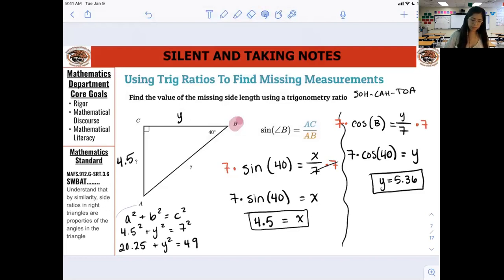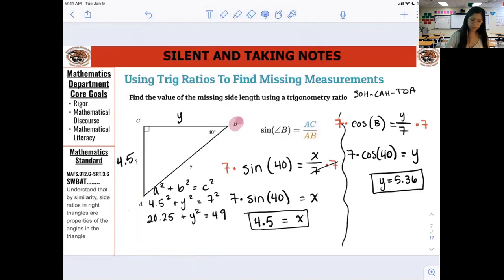Let me move this up a little bit. Subtract 20.25 from both sides. I get y squared equals 28.75. Oh, thank you, Jalen.